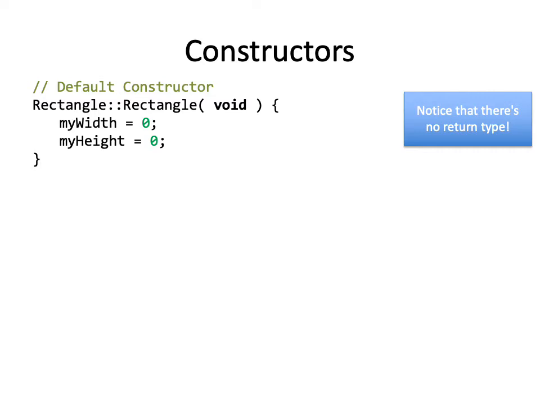So if I say int a and then cout a, it'll print out garbage. But with class objects, it's a little different. They're never left completely uninitialized. So we build a default constructor, and the default constructor will give it default values.